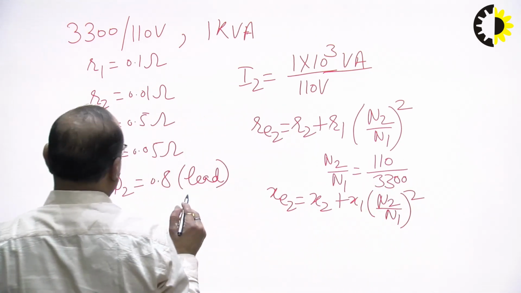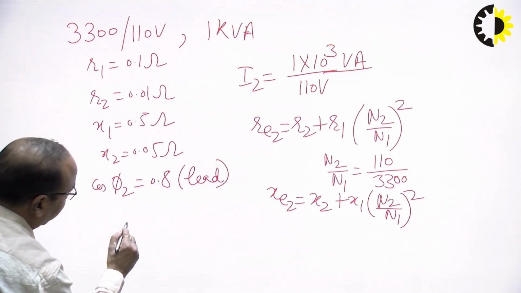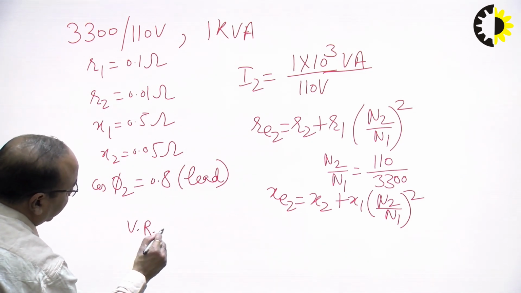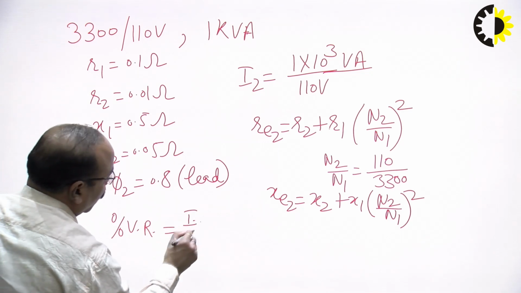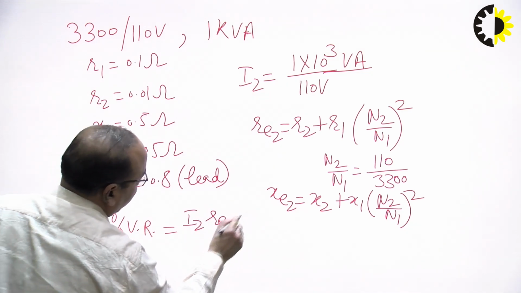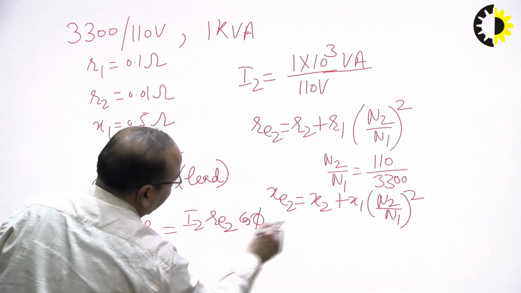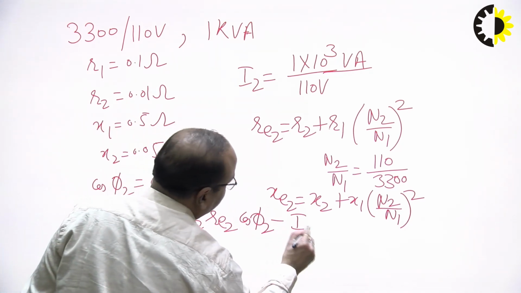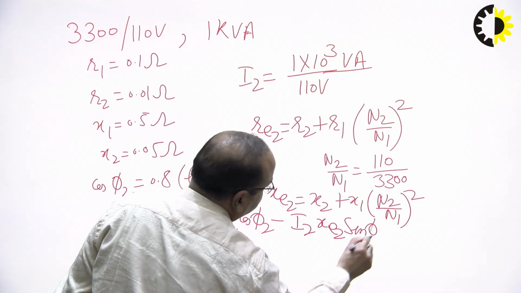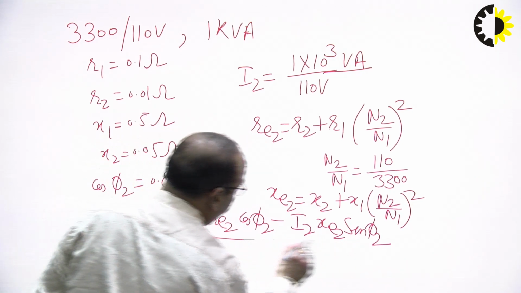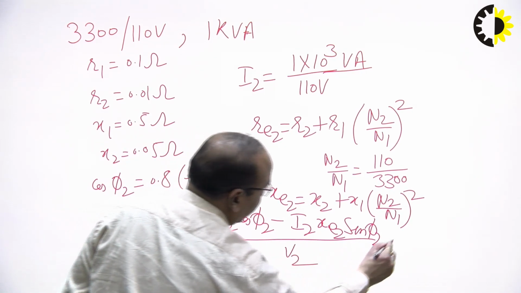Similarly, Xe2 is X2 plus X1 into (N2 upon N1) square, and then I will apply it in the formula for voltage regulation for a leading power factor load, which is given by I2 Re2 cos phi 2 minus I2 Xe2 sin phi 2 upon V2 into 100.